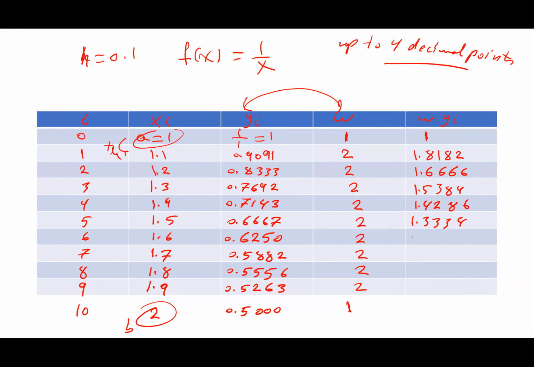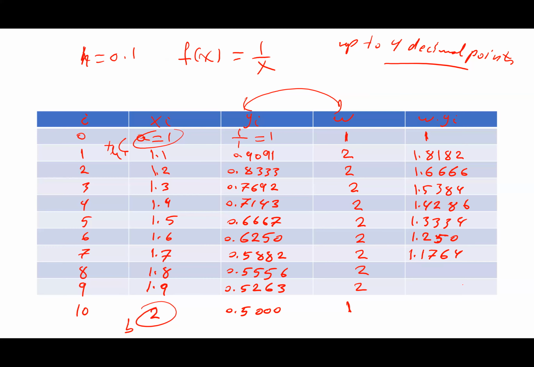The next one will be 1.2500. For the next one, it will be 1.1764.